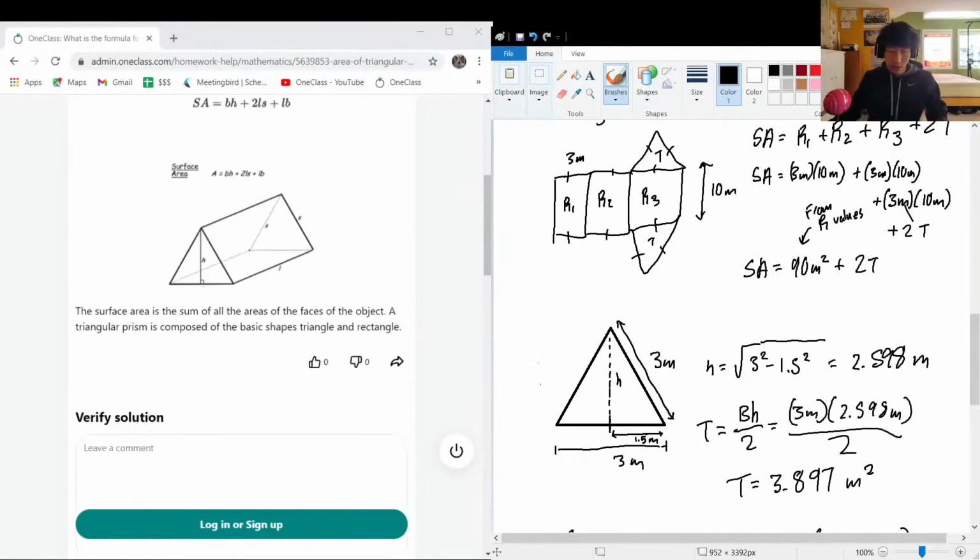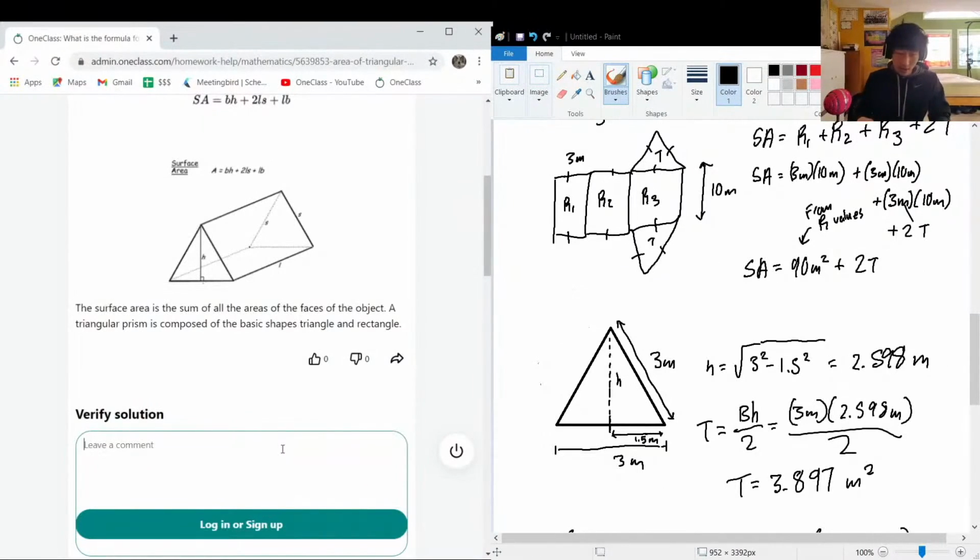Okay, so the above solution is good, but the above solution does not consider the case where the triangle of the prism has 3 unique side lengths.